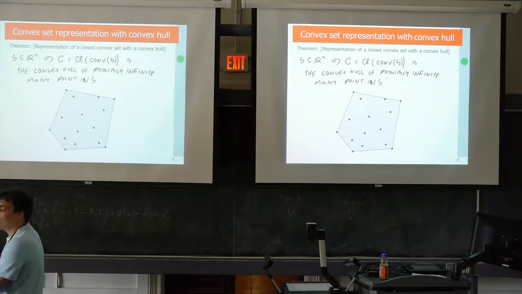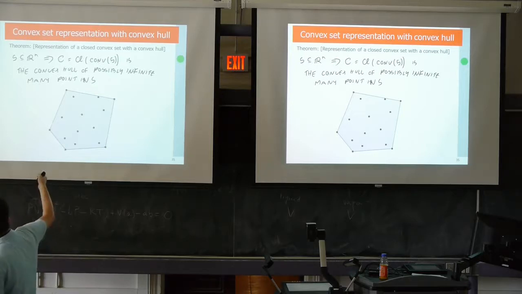So actually, the point is, why do we need it? The convex set itself can be open. But the convex hull itself will be closed. So that's why we close it.